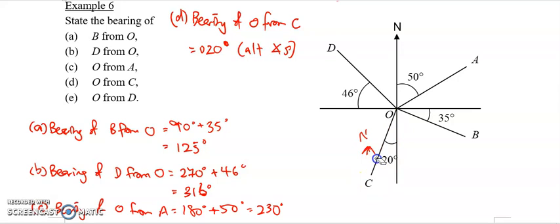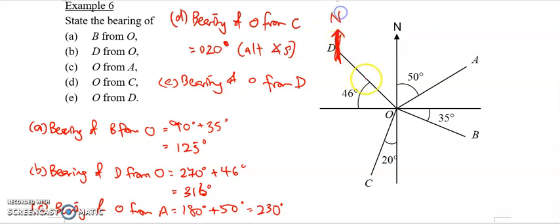The last one, bearing of O from D. So we put our north at D, and we rotate clockwise. We're supposed to find this angle here. So how can we find this angle? One way is to make use of this angle here, or we can use alternate angles.